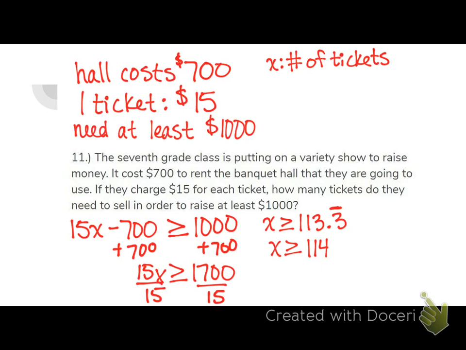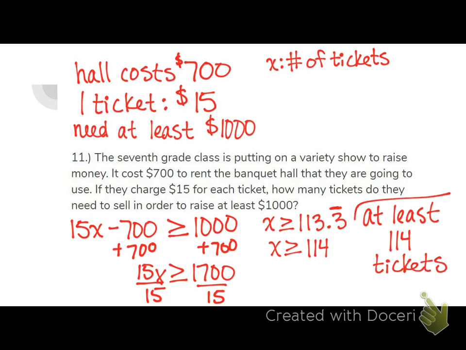So I agree with Breon that it needs to round up to 114. I understand that by our rounding rules from middle school or elementary school, usually with a 3 we would round down, but 113 tickets isn't going to get us to that $1,000. We need it to be bigger than that, so it has to be at least 114 tickets. It's kind of like a reverse rule, right? Well, it just depends on the problem, but in this case, yes, it goes the other way.